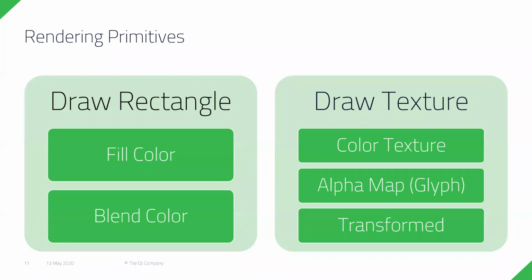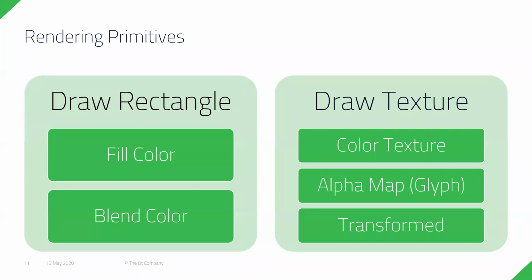What we really mean is a rectangular area where the color of each pixel is the same color. This can either be a fill color, say a green or red rectangle, so that everything in the rect shall be green, or it can be a blend operation, where we have a green color for every pixel, but I want that green to be blended in with what's underneath. And that can be different. So in both cases, we're basically just filling a rectangle.